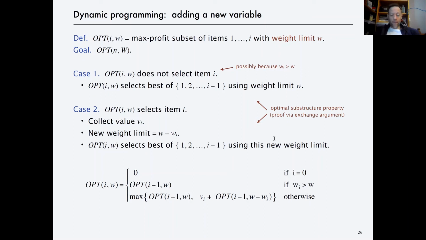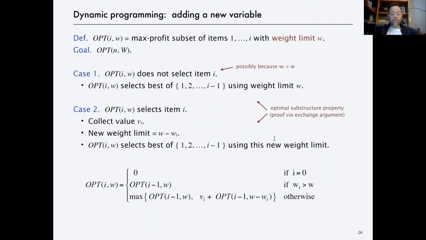So if we put this together into a recursive definition, we can see that the optimum value of I, comma W is 0 if I is 0, because there are no elements to choose from. If the weight of this particular item is greater than the remaining capacity W, then we have no choice, but we have to return the optimal value of the remaining items and the same weight.